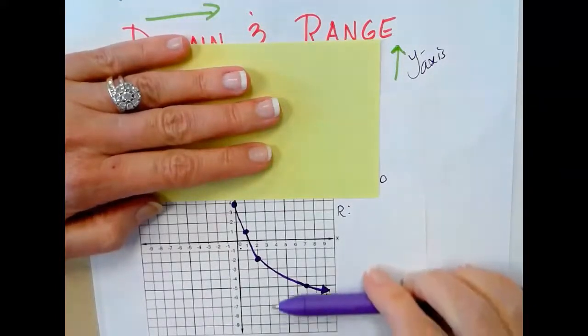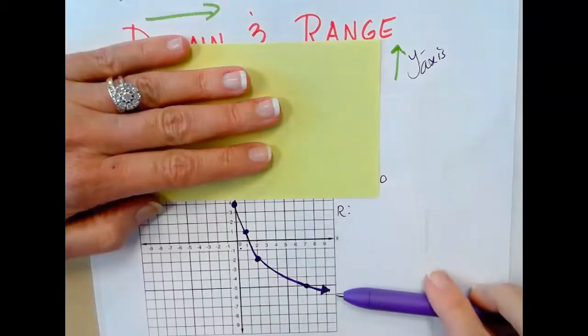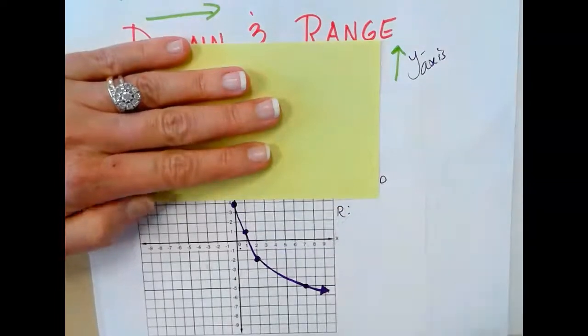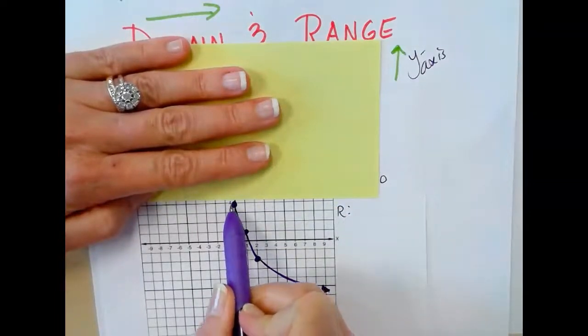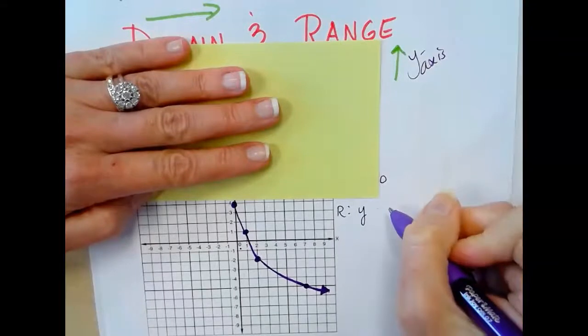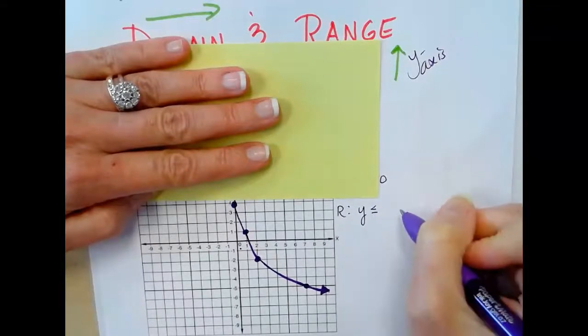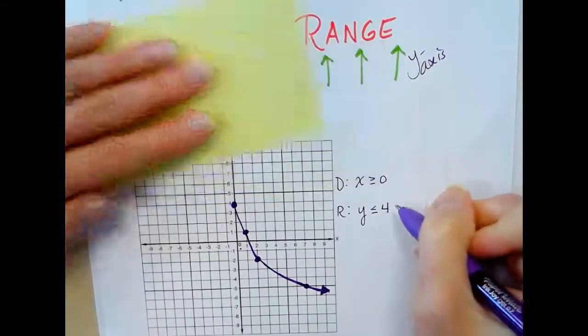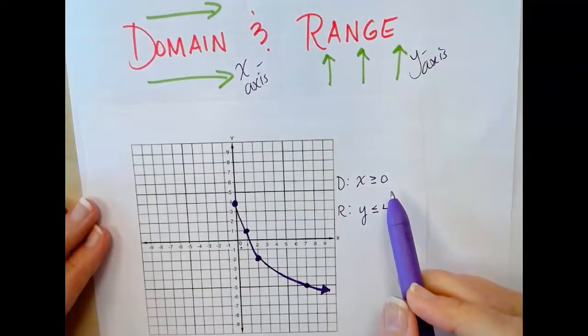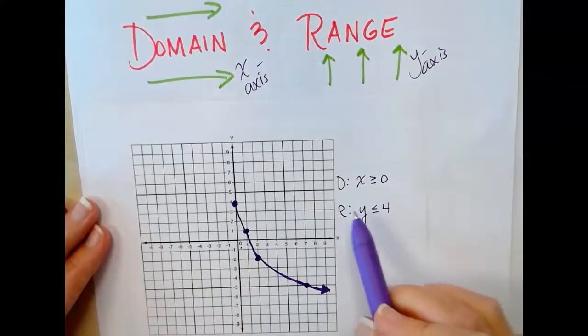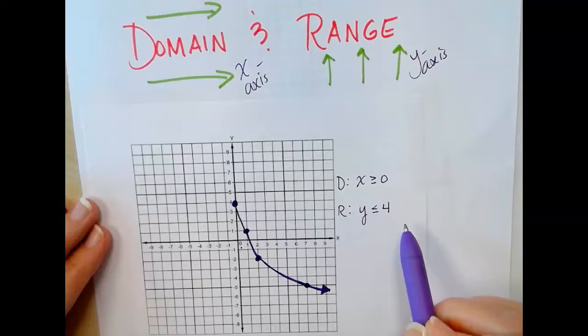From the bottom to the top. Does this graph have a bottom? No. But does it have a top? Yes. What is that top y value? 4. So our y values are less than or equal to 4. The domain: all real numbers greater than or equal to 0. The range: all real numbers less than or equal to 4.